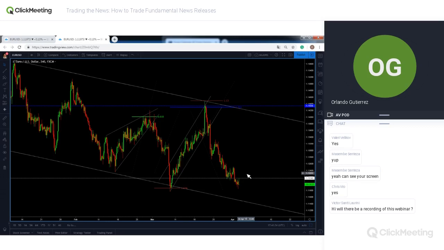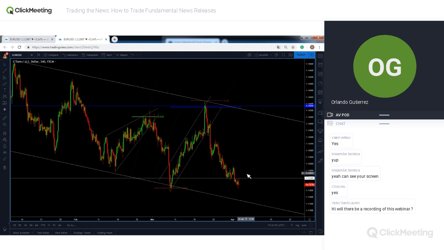It's a bad trade, and I don't care that the ISM manufacturing PMI came better than expected, or better than the last number, because I am not going to try to sell the euro against the dollar at these levels.